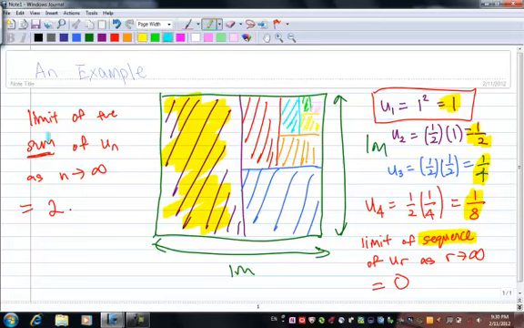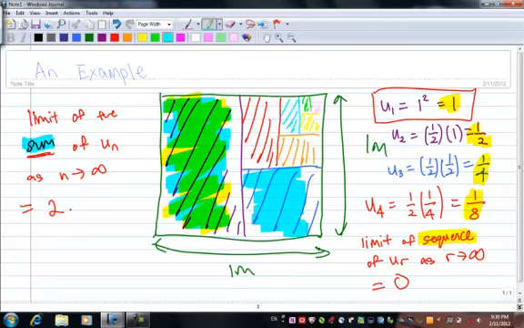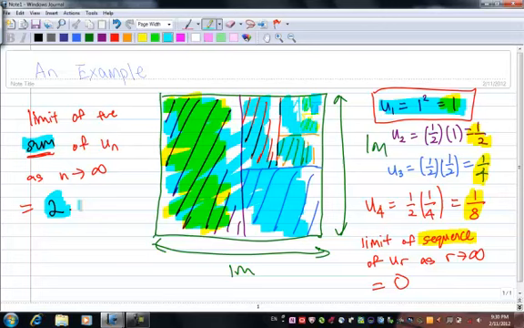However, when what we are talking about is the limit of the sum, then I have to take this area and add this area, add this area, and so on, and eventually I'm going to cover my whole square. And because of U1, I also have to add 1, so I'm going to get a limit of 2.